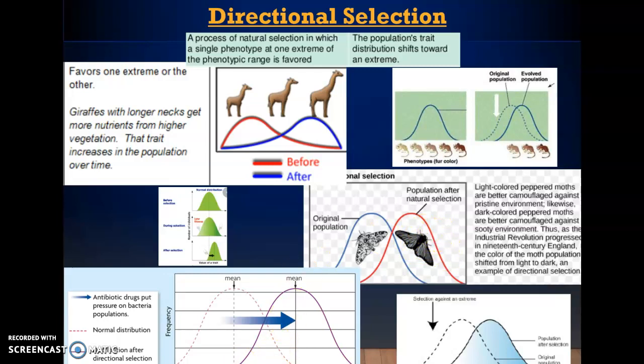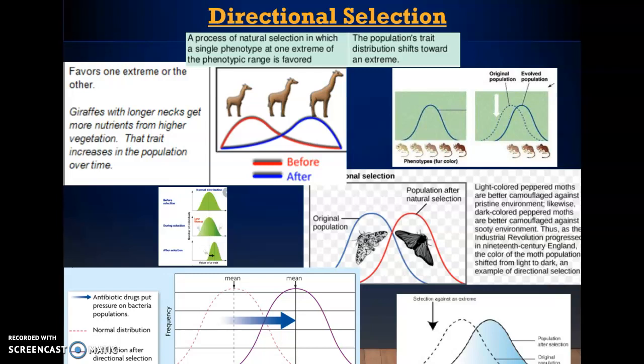This is an example of drug resistance in bacteria. It is favorable for the bacteria to have higher drug resistance. Antibiotics themselves have not been in play in the population since about the 50s, and at that point, there were no bacteria that had antibiotic resistance.